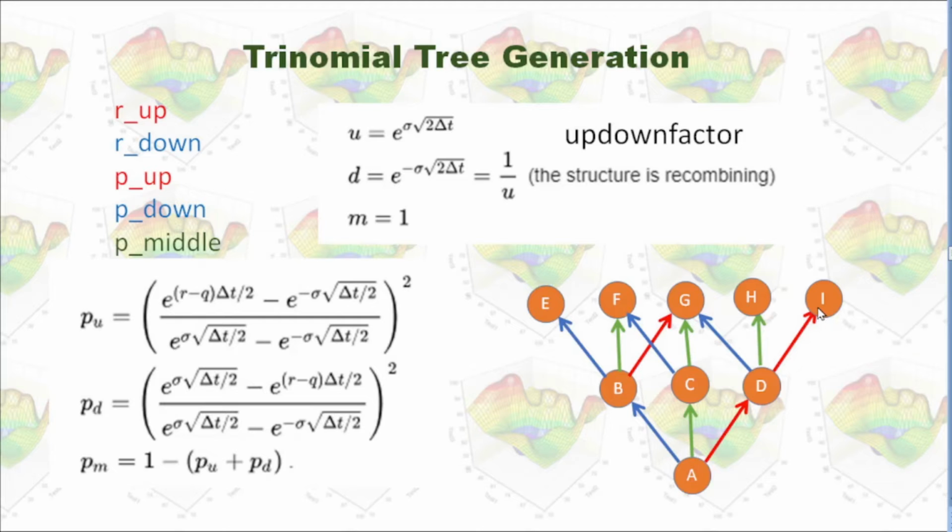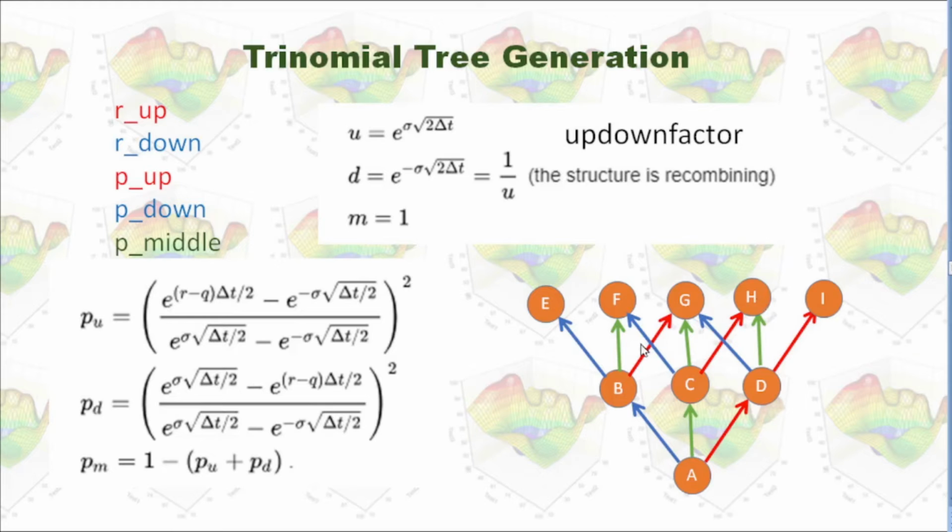You only consider the rate going up from data point D. And for H, similarly, you can calculate the value from the rate going to the middle and the rate going up from data point C. Again, you have to sum up those two probabilities to get 1 because there are only two ways to get to H.